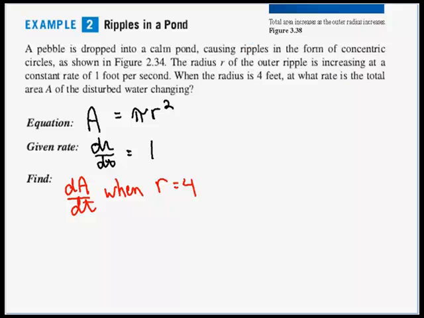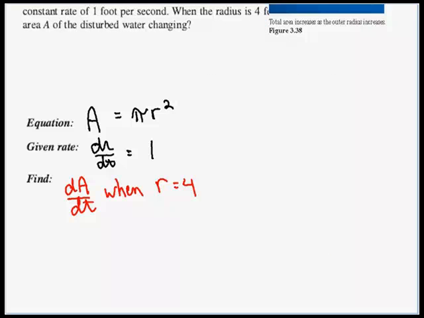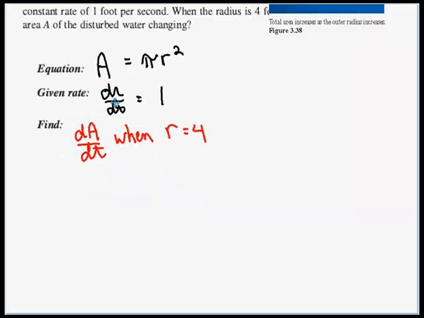Let's see if we can solve the problem. Move this up here a little bit. So our formula, area equals pi r squared. Step 1, differentiate both sides with respect to time.